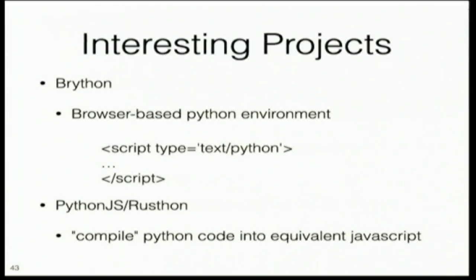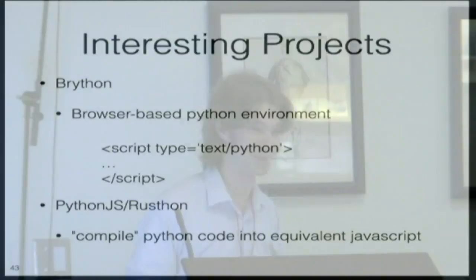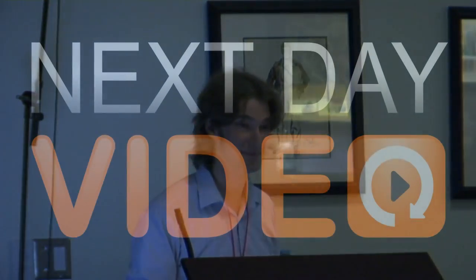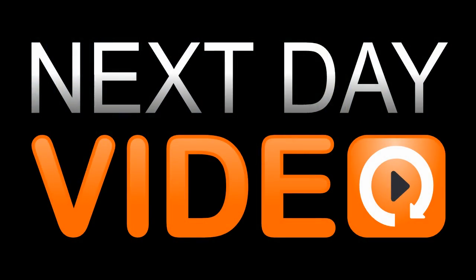There are also interesting projects, like Brython, which creates a JavaScript Python environment in the browser, so you can use a script type text/python in your HTML. There's also the ability to transform Python into equivalent JavaScript, not an implementation of JavaScript. I haven't actually used either of these. I don't know how they work outside of, oh, this is what the doc said. But if you want to write client and server side in one language, you can also do it in Python, apparently. I don't know how well they work.